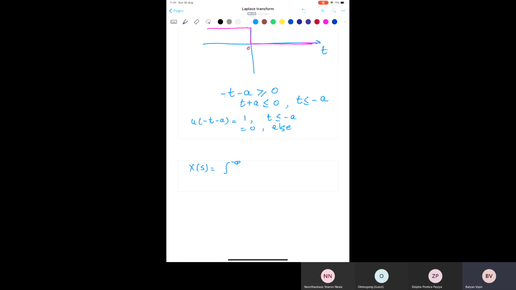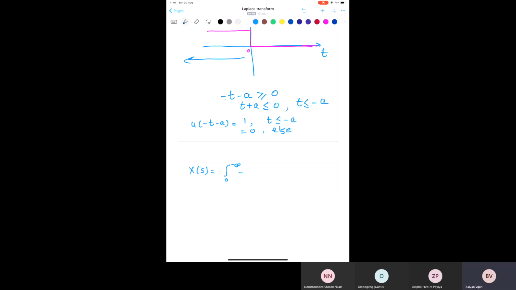So this will be 0 to minus infinity, going towards minus infinity, and you have e^(-st) and then e^(-t)... This minus came from the question itself.